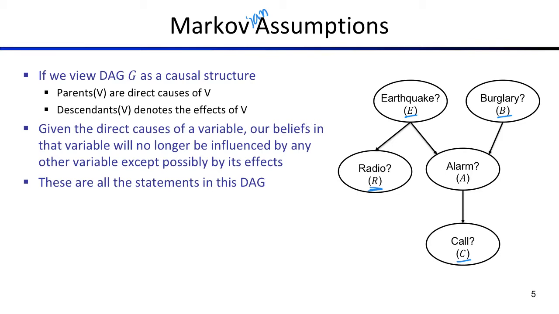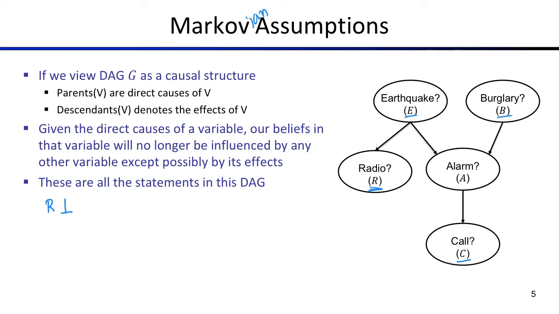But for now, let's state all the Markovian assumptions that we have in this graph, as a sort of exercise. So let's look at the R variable first. It's saying that R is independent of all non-descendants. R has no descendants. It has a parent, earthquake.